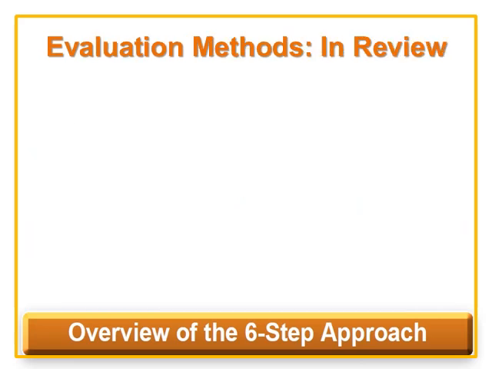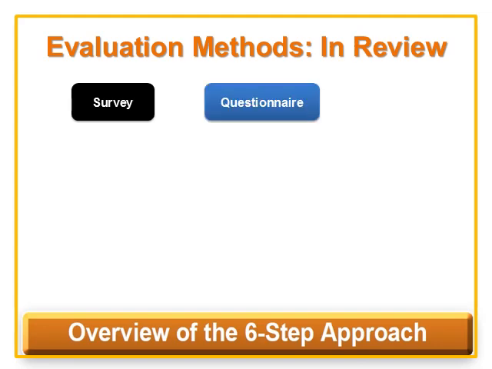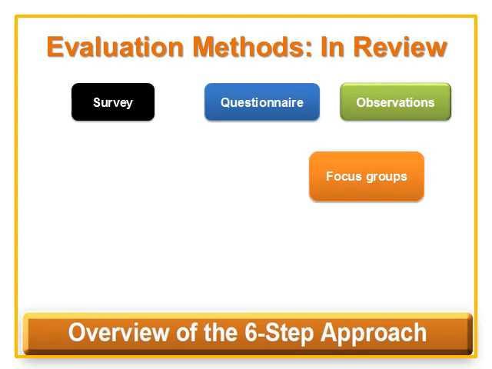In review, you can use surveys, you can use a questionnaire. We didn't really mention this. This is not used often, but there may be a point where you could use observations if you want to make sure that someone has learned a specific skill that you could only measure through observing. That may be something to consider.